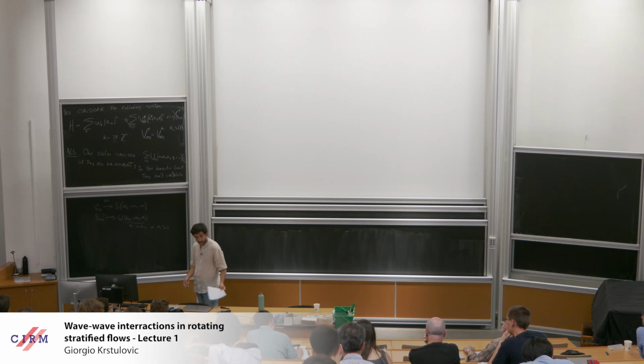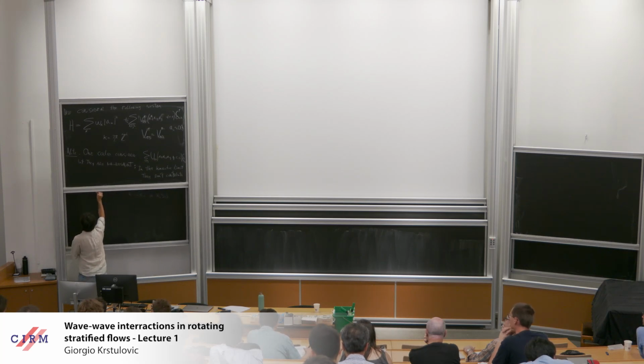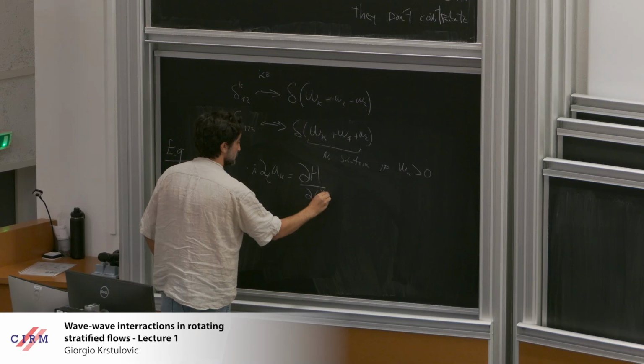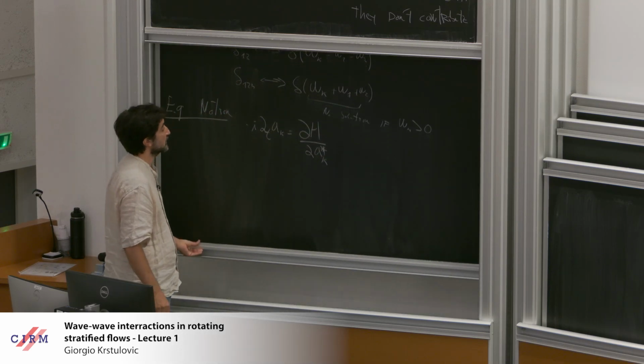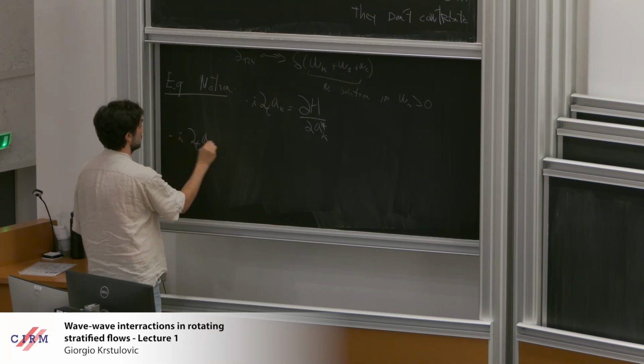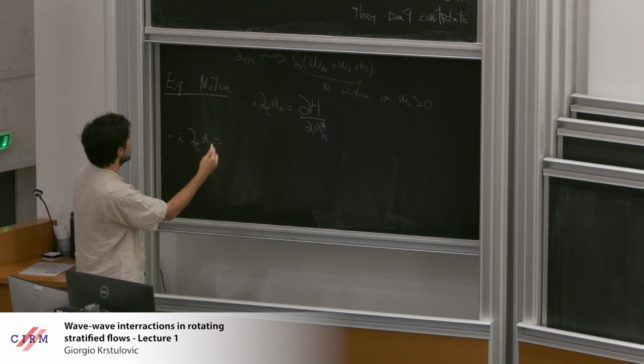So this I will write here. The equations of motion are simple. It's just a Hamiltonian equation that I need to write. The Hamiltonian is over there, and the linear part is easy.